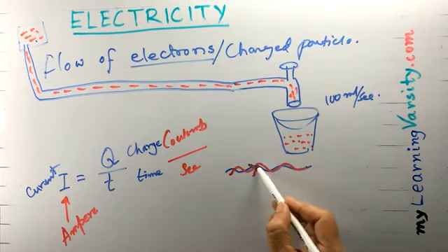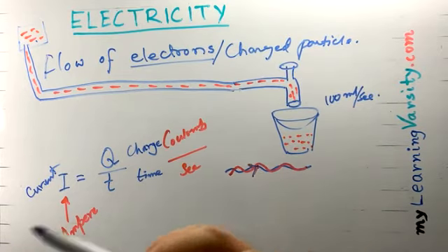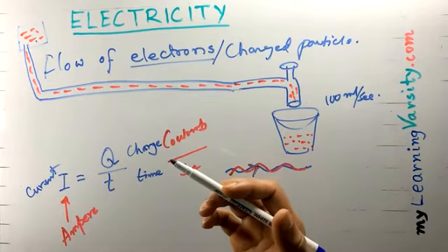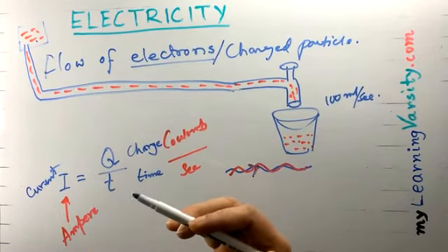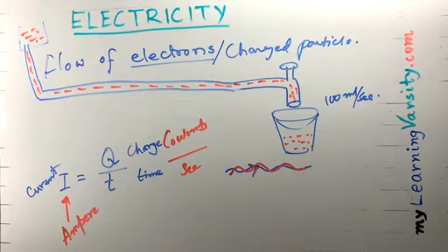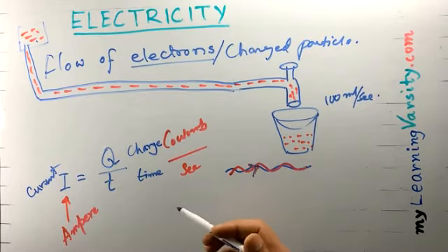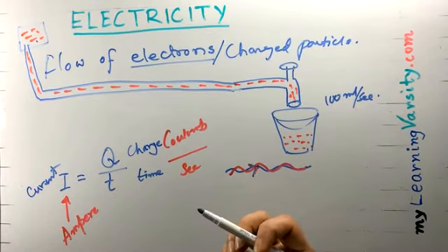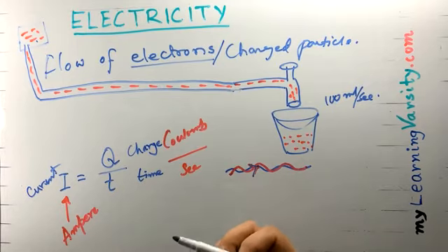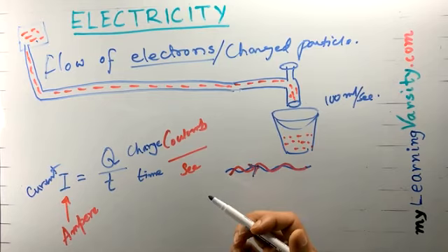Similarly, in electricity also there is a source of electricity. When electricity enters your home, from the main power line there is an entry, and that is a source of our power. Let us take one more example of how a small bulb will glow with the help of a battery.